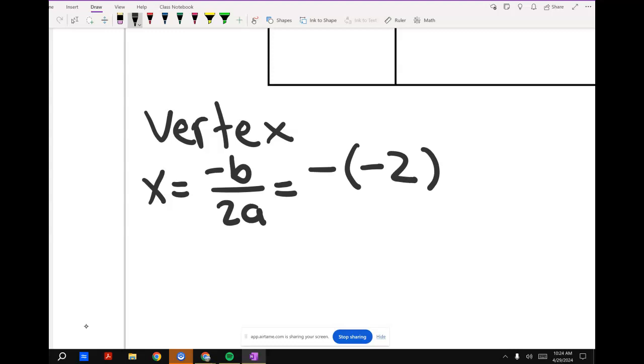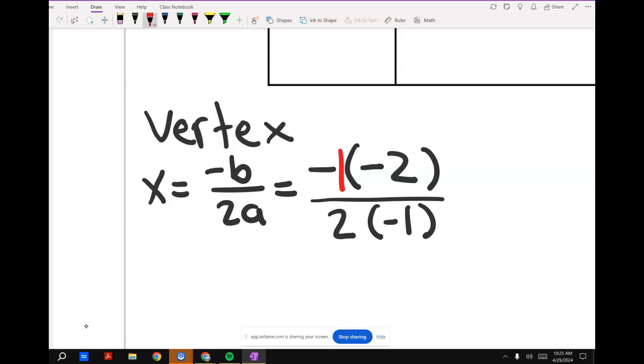All right. Protecting that negative 2 with the parentheses around it. Same thing with our a in the bottom. It's negative 1 using parentheses when we're plugging things in. So a negative and a negative on the top makes this a positive 2. On the bottom, we would have a negative 2.